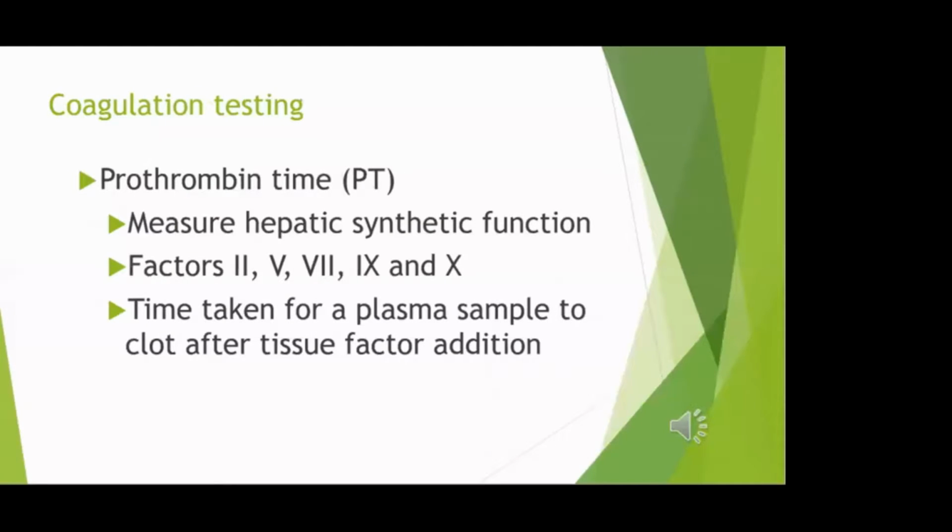So coagulation tests are also a measure of the liver synthetic function. The prothrombin time measures hepatic synthetic function of factors 2, 5, 7, 9, and 10. And it is the time taken for a plasma sample to clot after tissue factor addition.